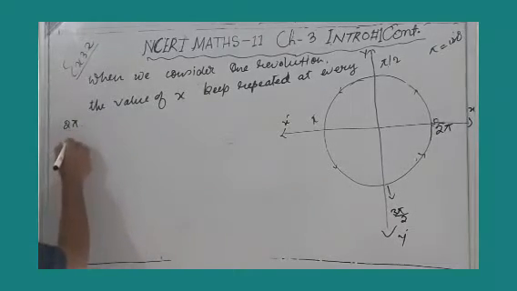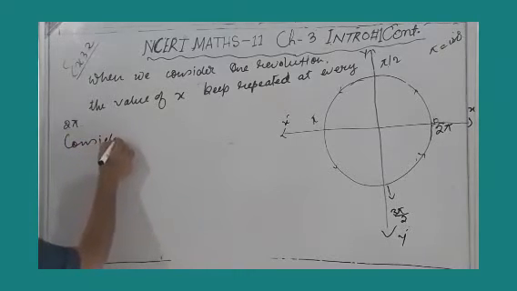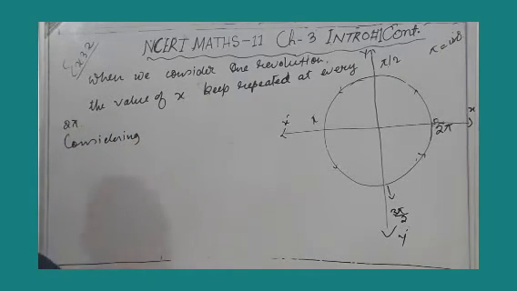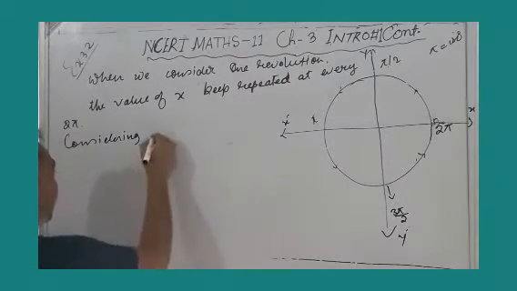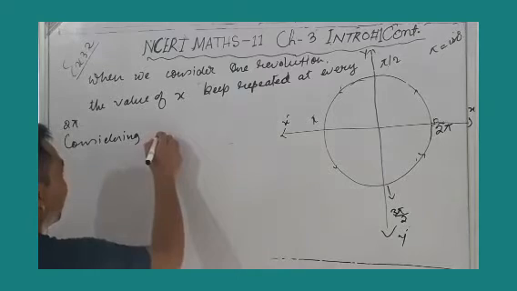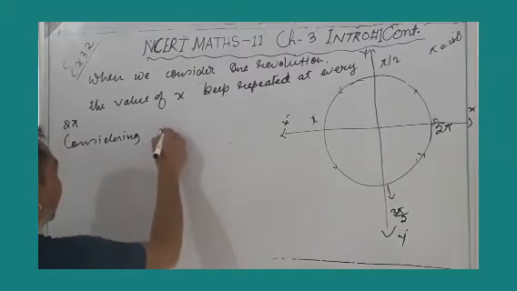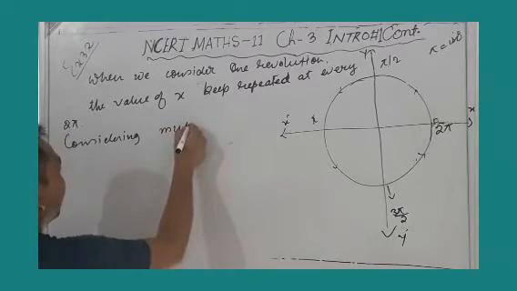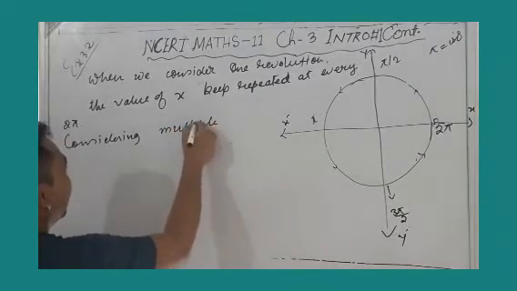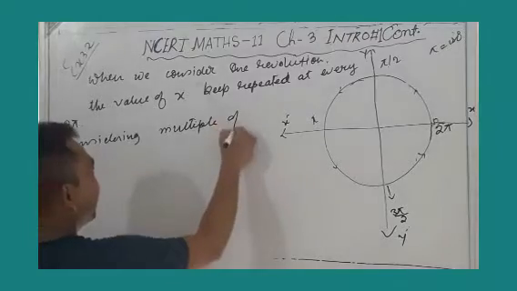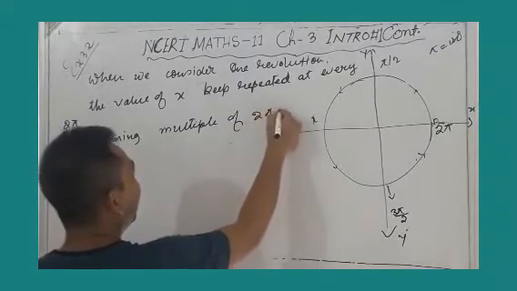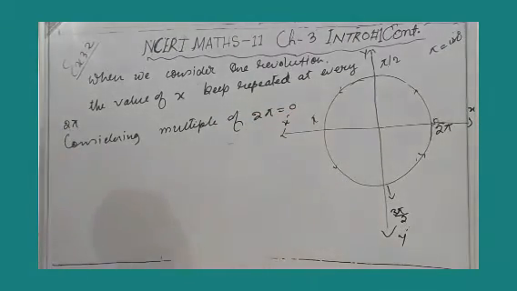Considering a multiple of 2 pi equals 0.